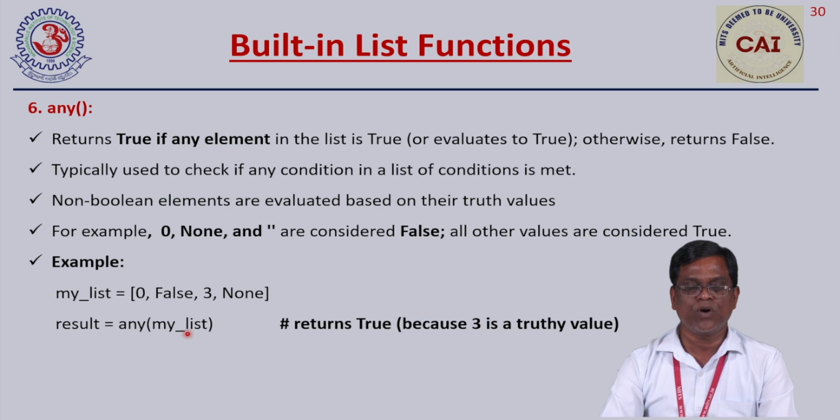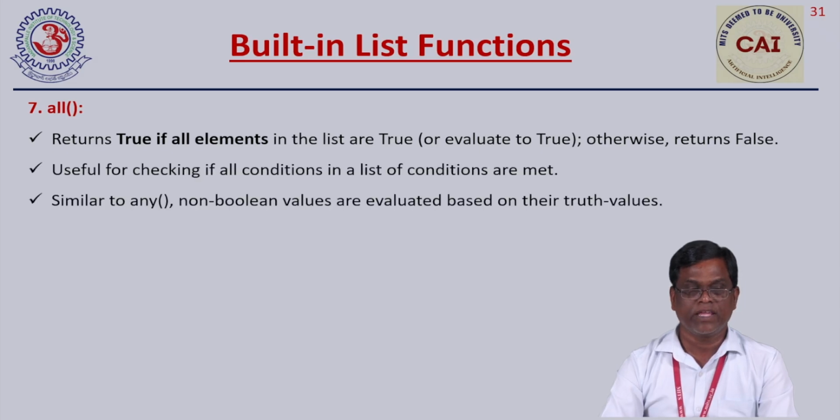Now 0, False, None, all these three represent a false Boolean value, whereas 3 represents a true truth value. So in the given list of values, if any element is evaluated true, then it will return true. So 3 is evaluated to true, so it will return true here as the final result.